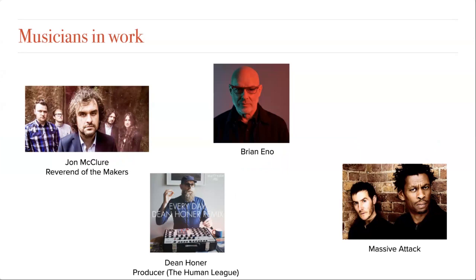Then we discussed using machine learning technology to build something that can generate music to help musicians. Along the line, we've also been working with Dean Honer, who's a producer, also based in Sheffield, and also Brian who came to visit us a couple of years ago, and more recently we've started collaborating with Massive Attack.